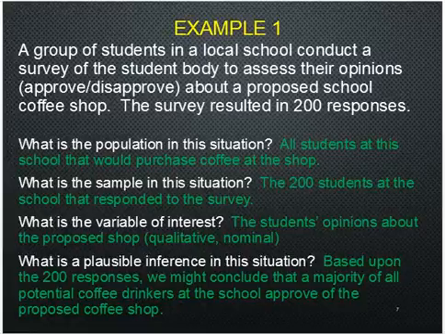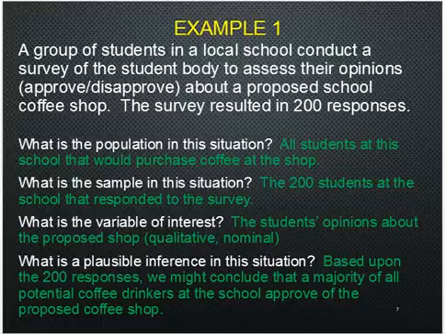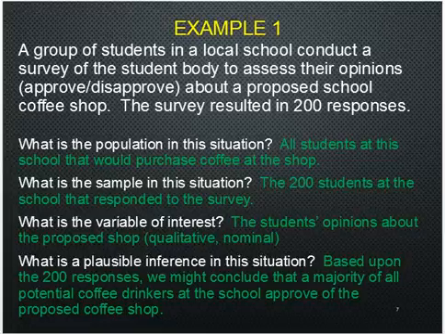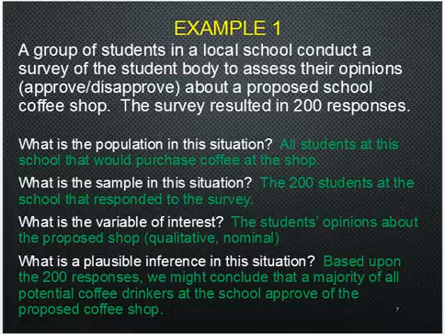Lastly, what is a plausible inference that you could reach in this situation? If you had the data in front of you, what might you be able to say about all students at the school? You don't have the data, so we have to be a little creative here. Let's say that based upon the 200 responses, a majority of them were in favor of the proposed coffee shop.